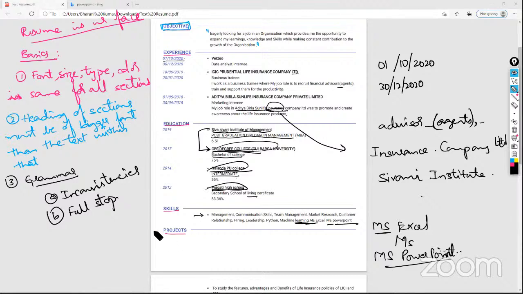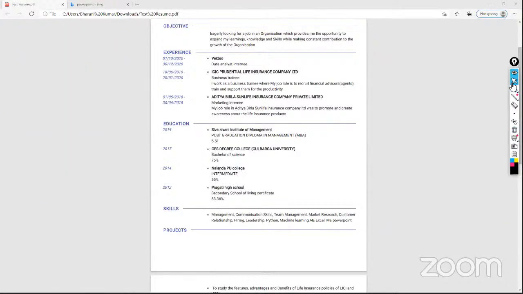Okay, next, projects. See, you're putting this on one page and in another page you're starting. There is no consistency here, or rather no continuity. You could as well say enter, and this would have come in the next page.